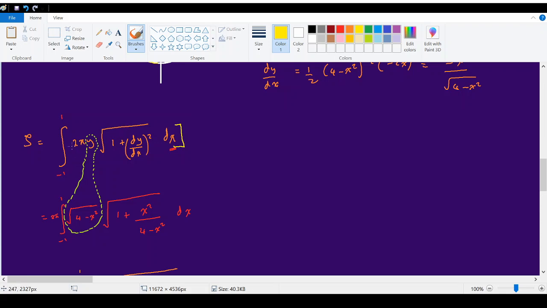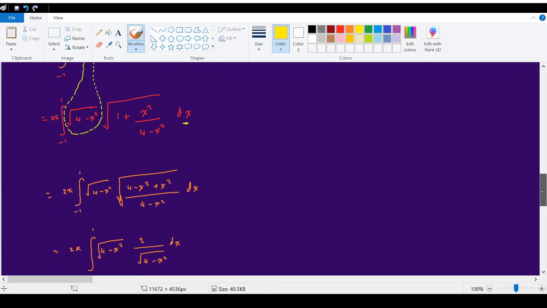But since this is x-axis rotation, from the formula we will have a y variable, so we should substitute the appropriate terms in terms of x, right? Since the equation is given like this, you can directly plug in the right hand side of this equation in place of y. So the whole integral will become an integral in terms of x, and after that you just have to carry out the simplifications.